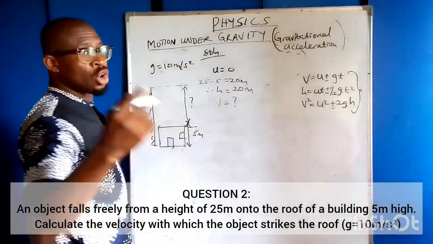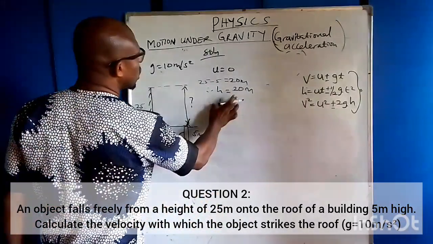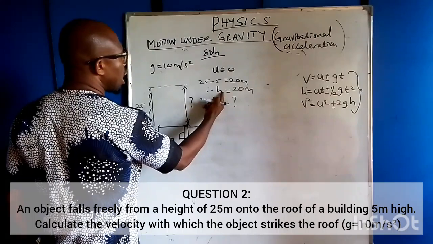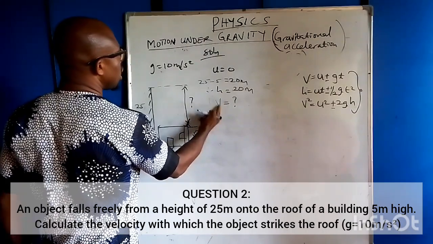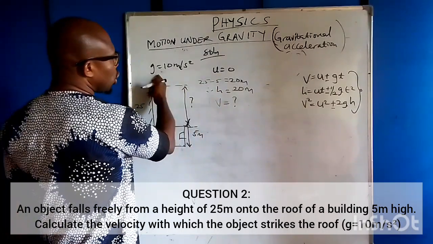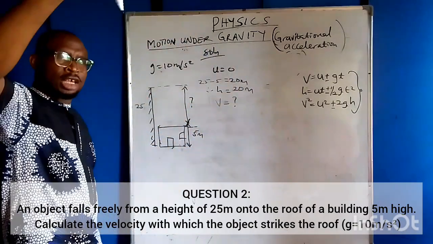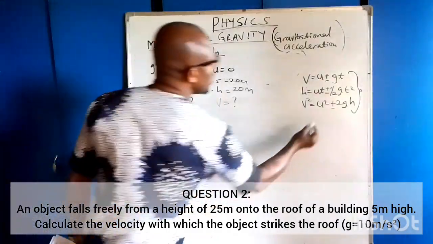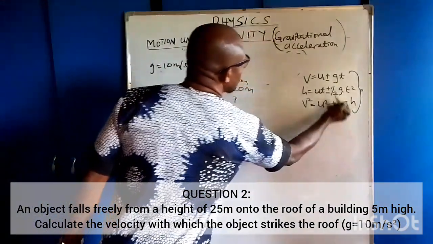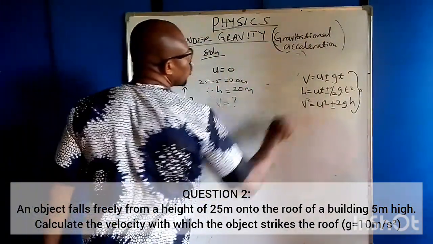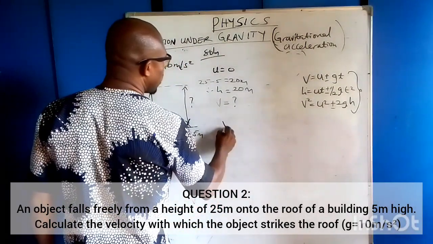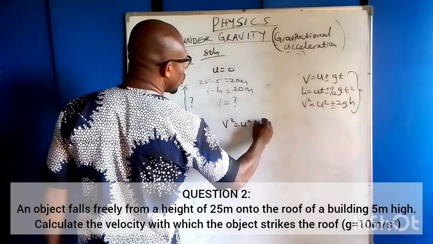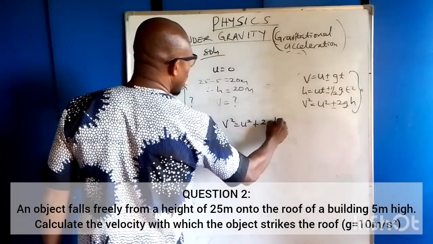The first question we ask ourselves is which of these equations will satisfy h, v, u, and g? It is released from a height, not against gravity, so g is positive. We now have v squared is equal to u squared plus 2gh.